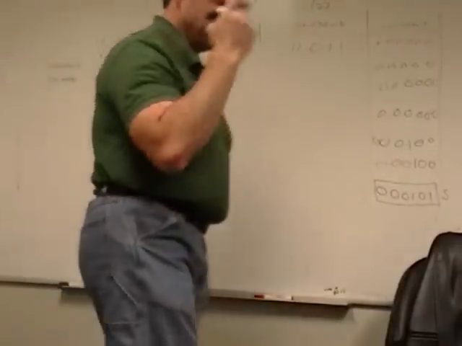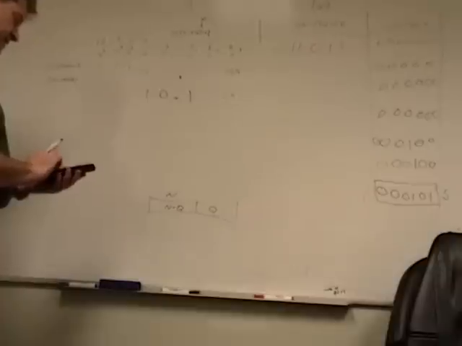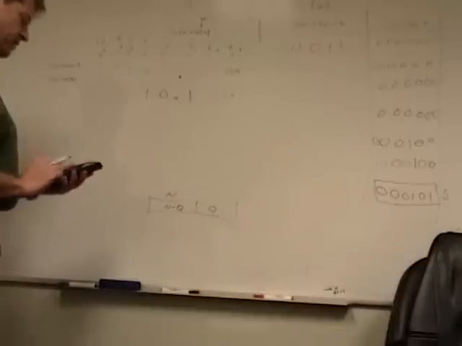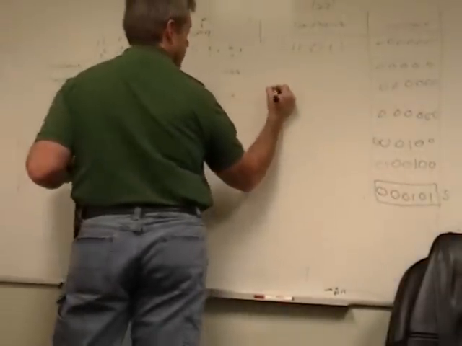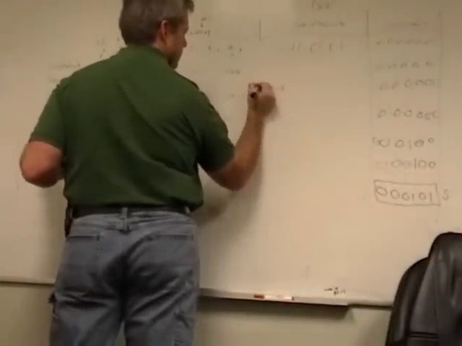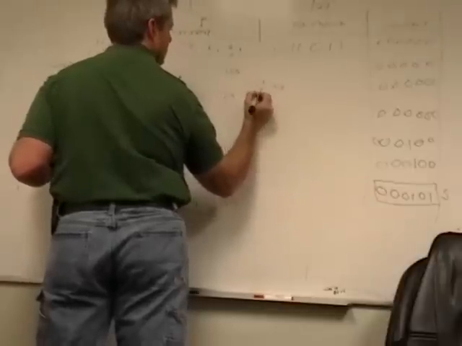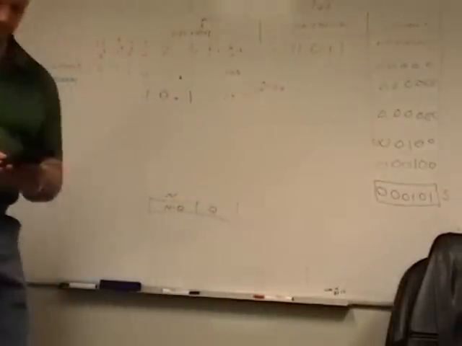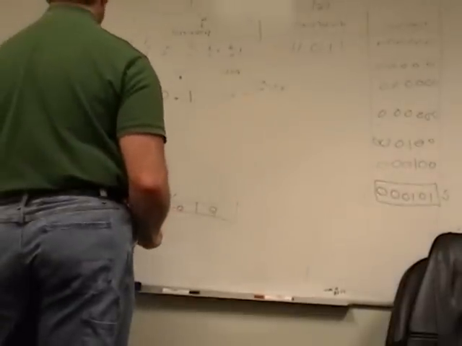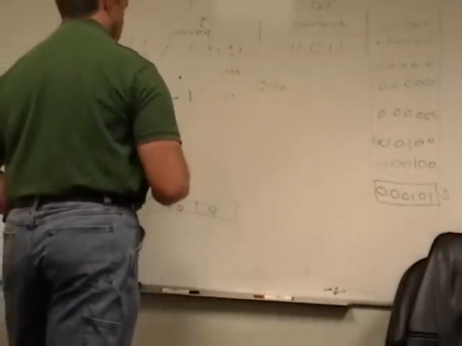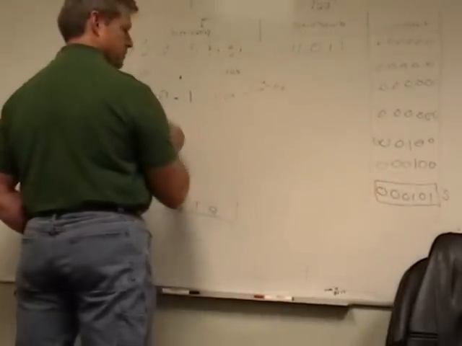I'm going to get out my calculator because I'm not good at math, believe it or not. There we go. 13.5 divided by 2.5. We know the answer should be 5.4. But the answer we got was 101.